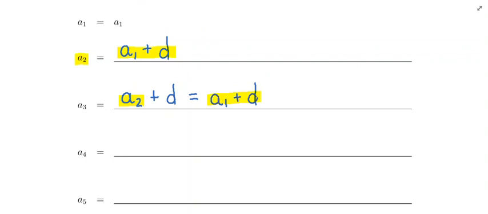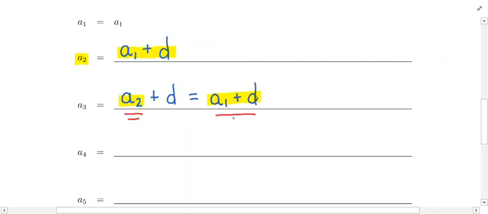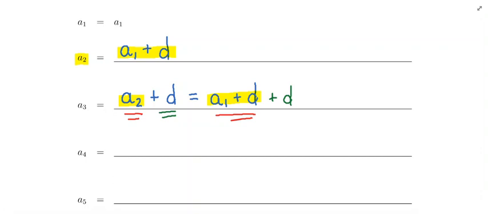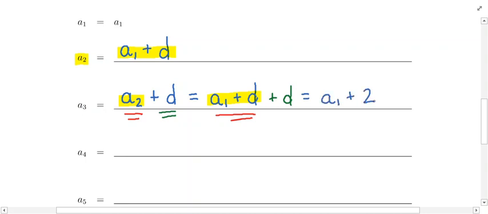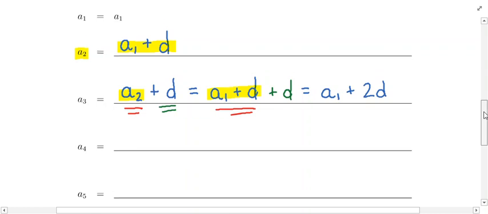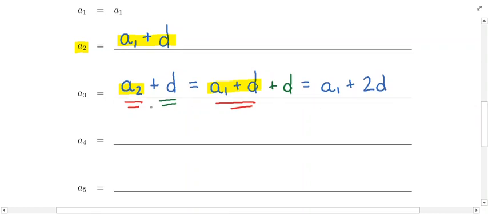We know that A2 is A1 plus D, but we still have to add this other D. So if we simplify, the way we can generate A3 is A1 plus 2D. This gives us a formula for getting A3 based on A1.